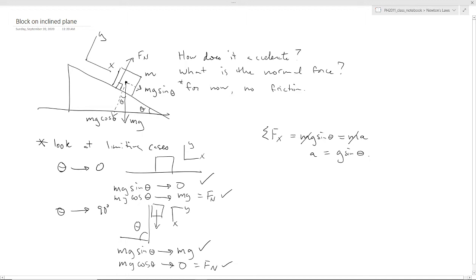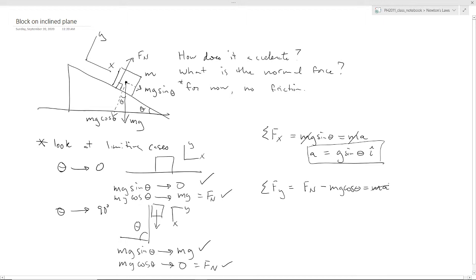And we should be careful. This would be in the i hat direction, so it's along the positive x direction. So that's the acceleration. And then if we look at the sum of the forces in the y direction, what do we have? Well, we have the normal force minus mg cosine theta, because it's pointed down, would equal the mass times the acceleration in the y direction.